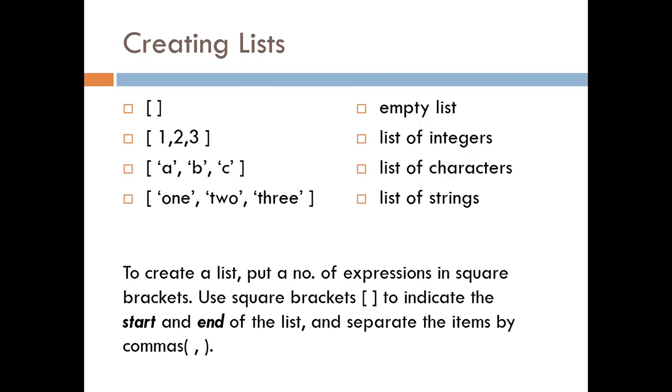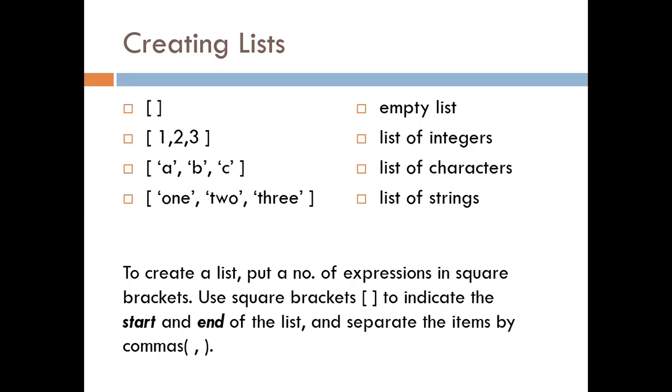They are not in quotation marks. Then there is a list of characters, that means single alphabets in quotation marks. And finally, you can see a list of strings where you see different words. You could also have a sentence as an element of a list. And a list could also have multiple data types. A list doesn't need to have only a single type of data.